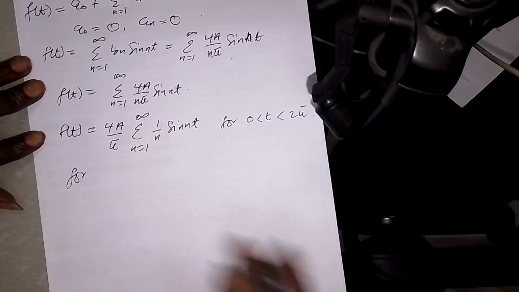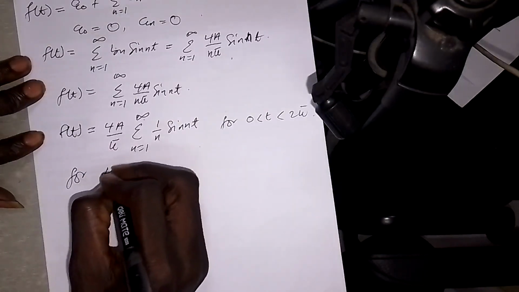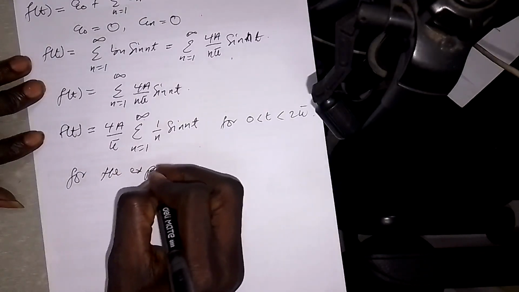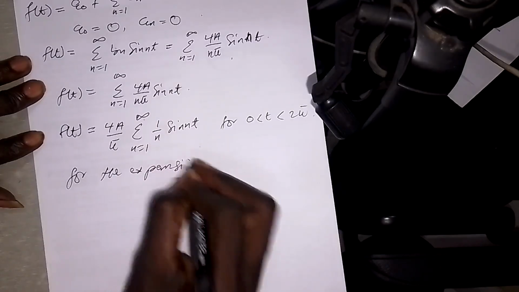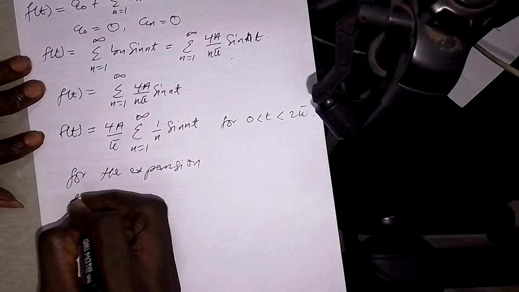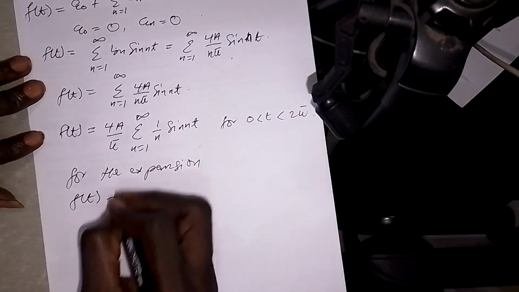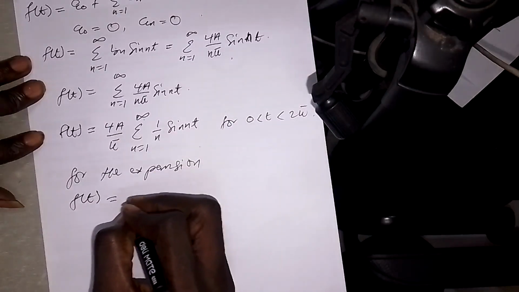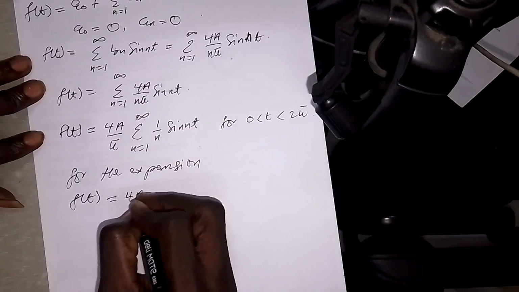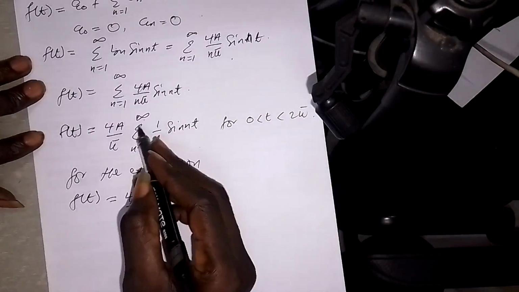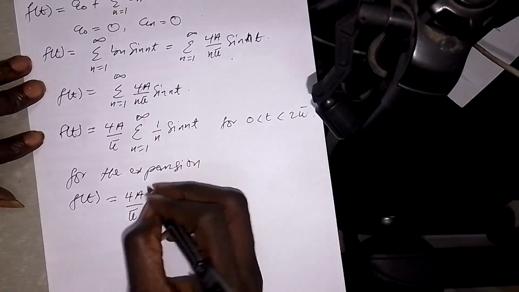Okay, so for the expansion, I'm going to have f of t equal to 4a over pi. For the expansion, I will not bring the summation again because I'm expanding.